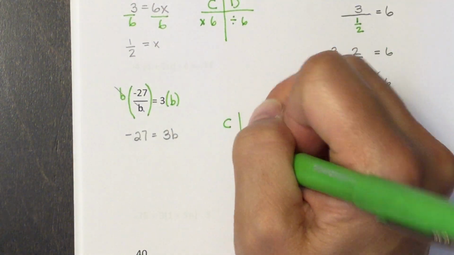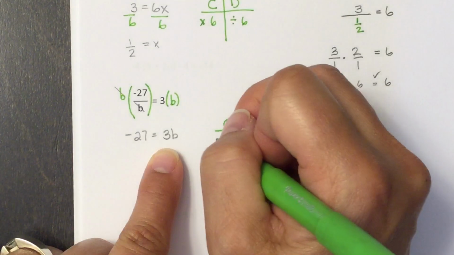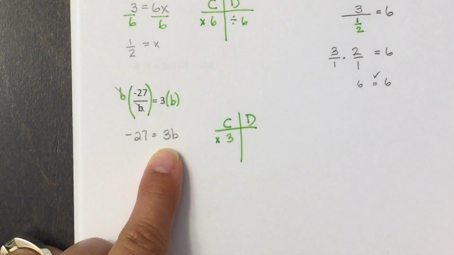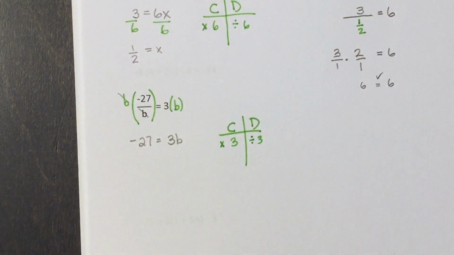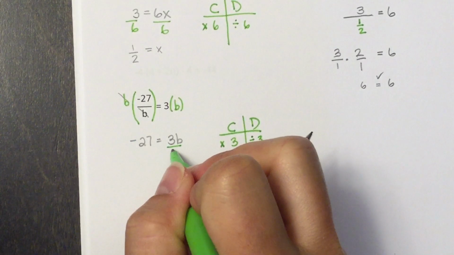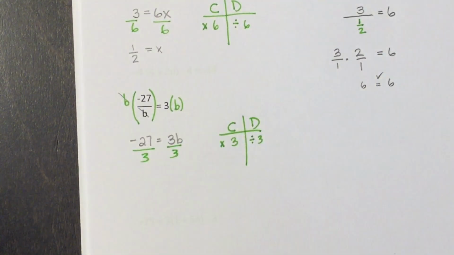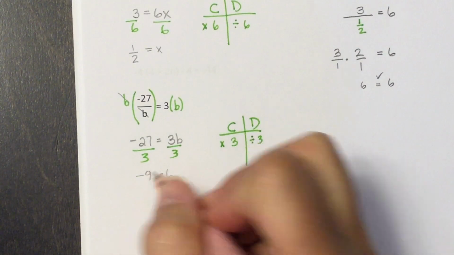So now I can see, how is it constructed? Well, the first thing happening to b is it's being multiplied by 3, and so that means I want to divide by 3. Divide by 3, divide by 3. So b equals -9.